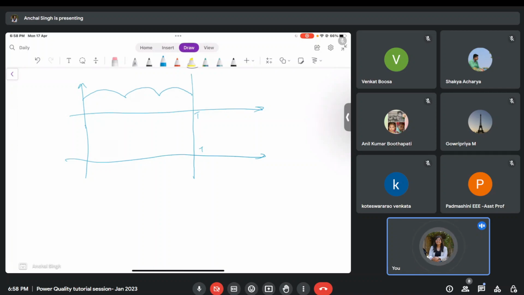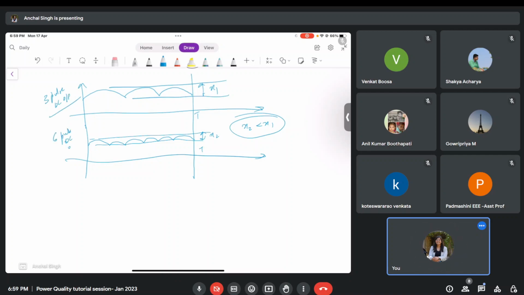And if I have 6 pulses now, then this is my ripple content compared to this ripple content. If this is x1 and this is x2, then x2 is less than x1, the ripple content reduces. So this is a 3 pulse DC output and this is a 6 pulse DC output. Therefore, by increasing the number of pulses, you can reduce the ripple percentage, and therefore we go to higher pulse converters.